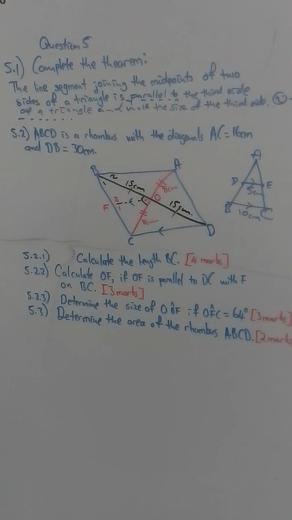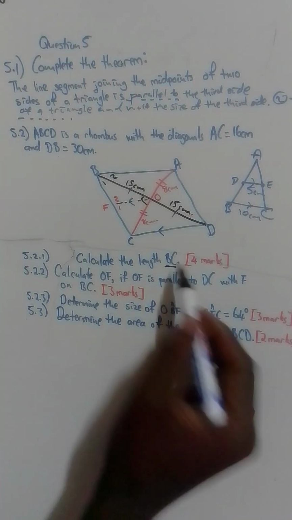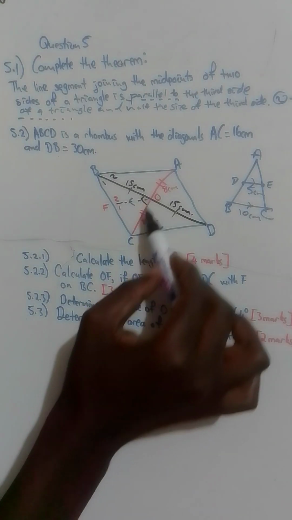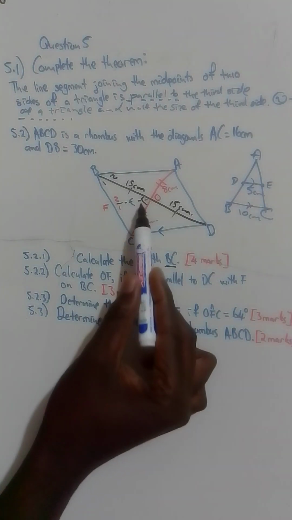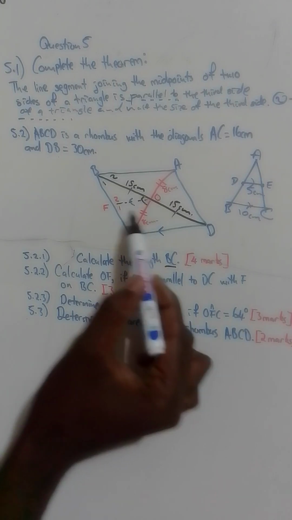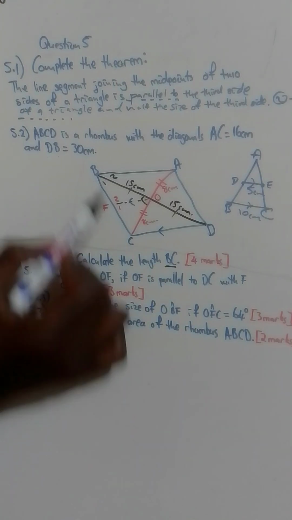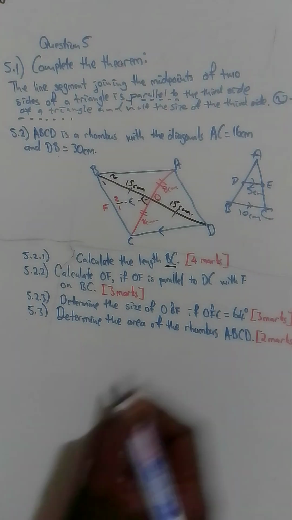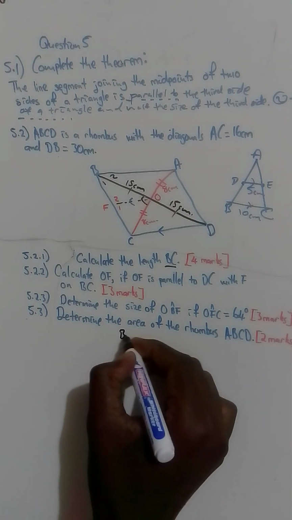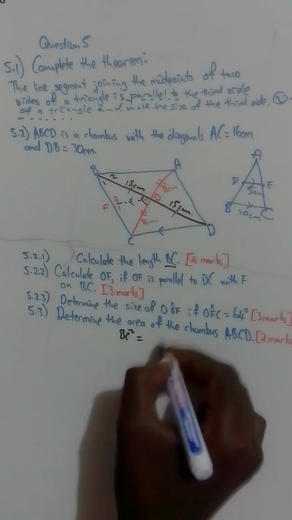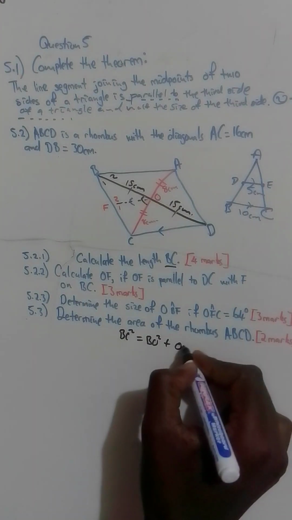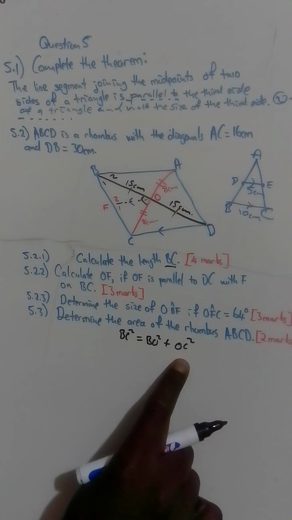So when they say calculate the length of BC, we've got the length of line BO and the length of line CO. Since there is 90 degrees, line BC is the hypotenuse because it is opposite the 90-degree angle. So we say BC squared is equal to BO squared plus OC squared. That is our Pythagoras theorem.